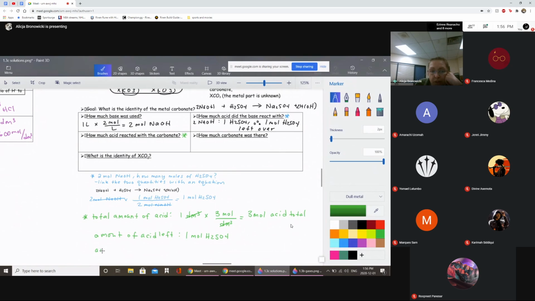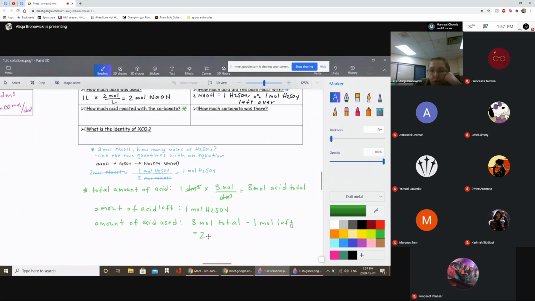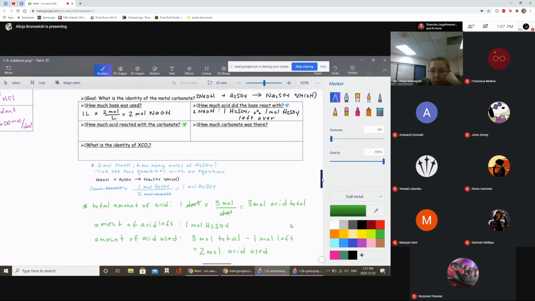So to determine the amount of acid used, I just subtract them. So 3 mole total minus 1 mole of acid left over is equal to 2 mole acid used. Okay, so I've used 2 moles of acid.